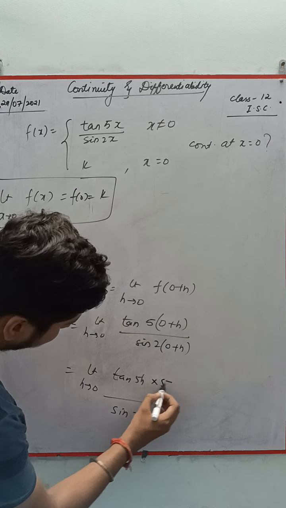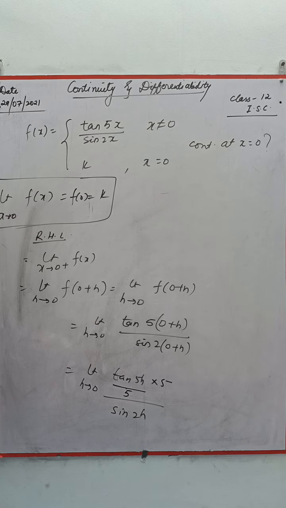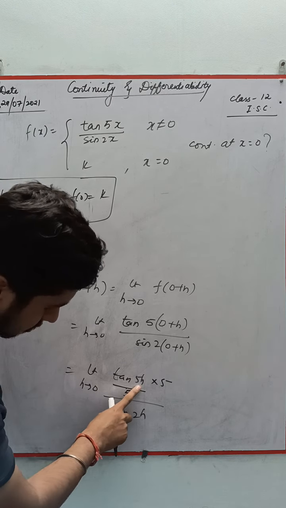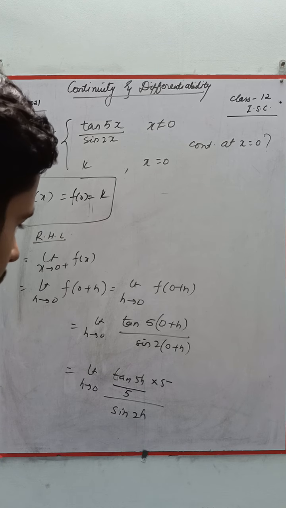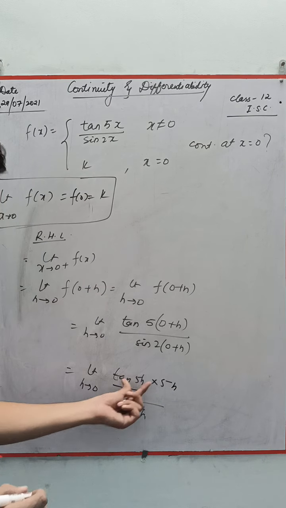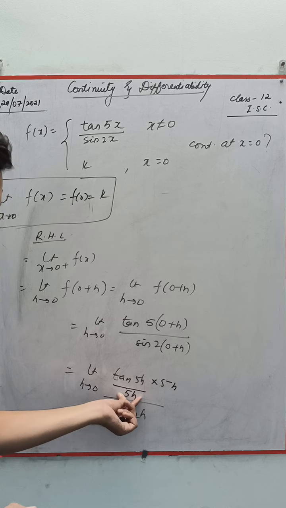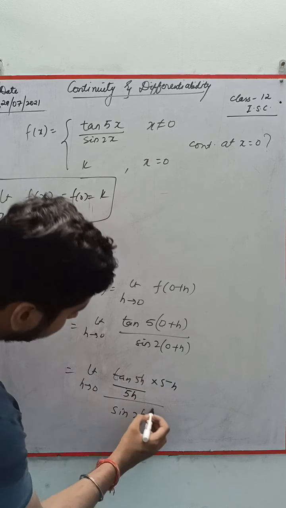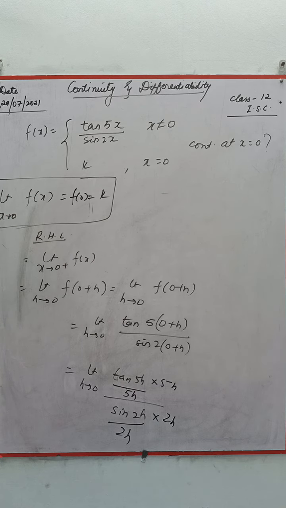Here we have 5h, so in the denominator also 5h should come. So let's multiply with 5h in the numerator and denominator, and in the denominator also by 2h upon 2h, just to mold it into the identity.